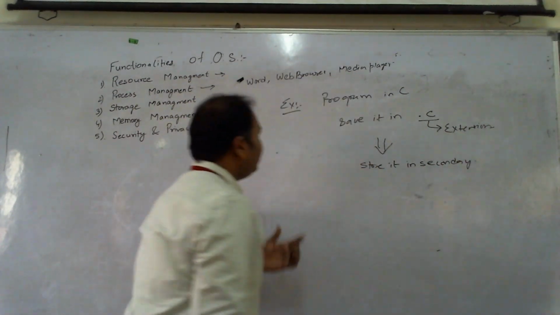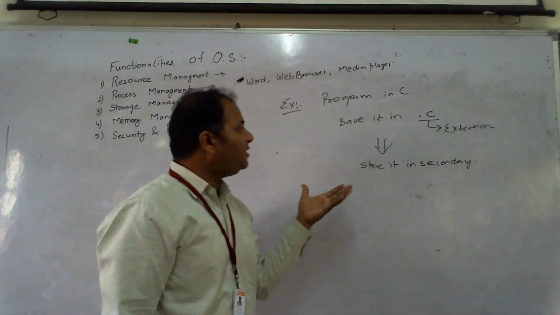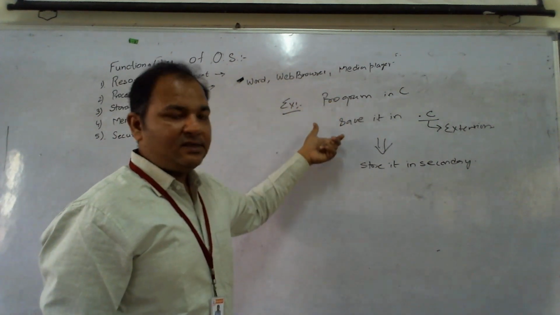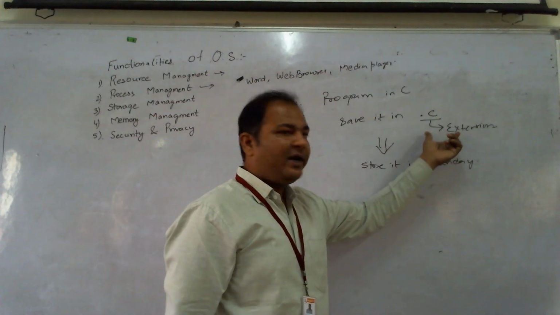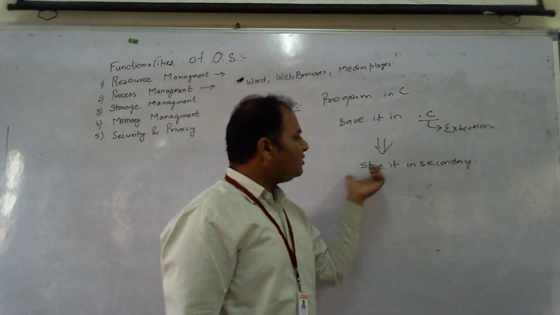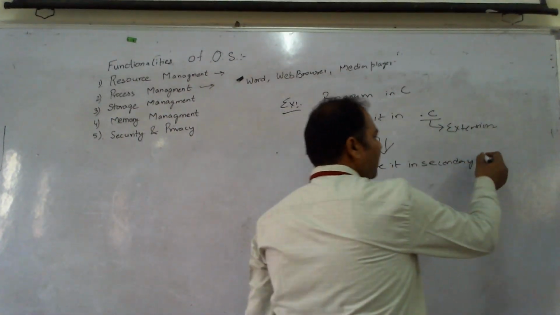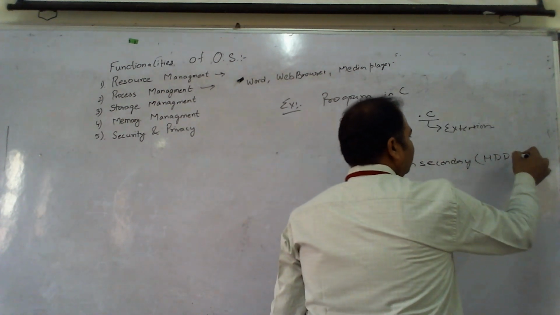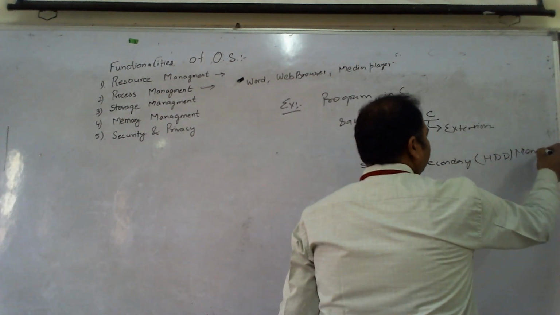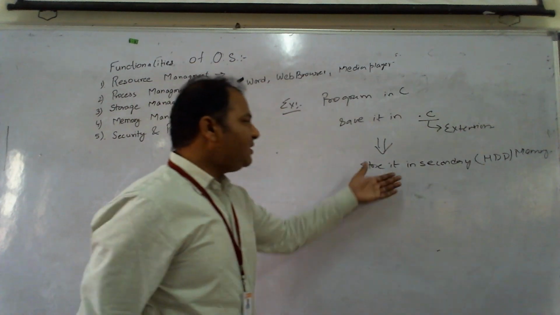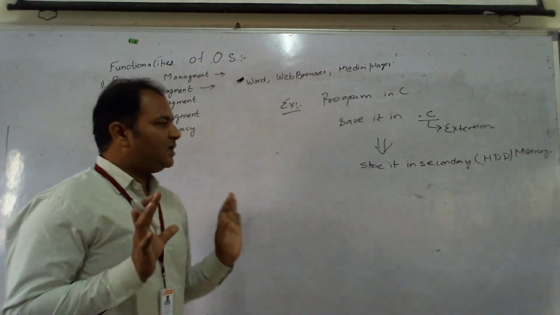This is the example which I am showing in process management. Any program which is written in C, we have saved it in the .c format and stored in the secondary memory, which is the hard disk. Now it is stored in that secondary memory.